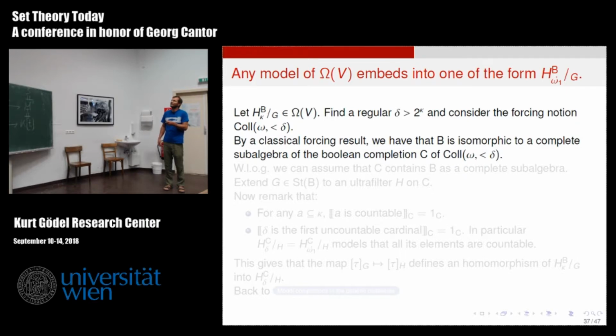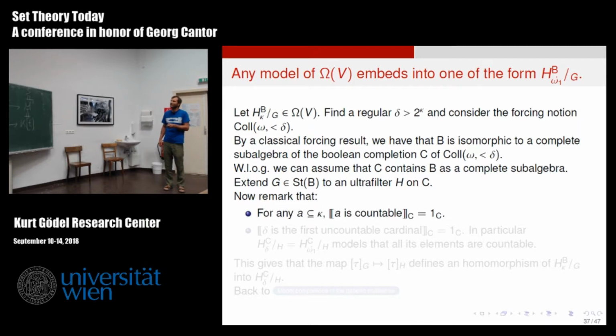Well, we have that B completely embeds into this forcing notion, and we can assume that B is a complete subalgebra of C. We take any ultrafilter G on B and we extend it to an ultrafilter on C. And here we now get that every element of H kappa B has become a countable object in V of C. And this delta, because of the property of this forcing, has become the first uncountable cardinal.